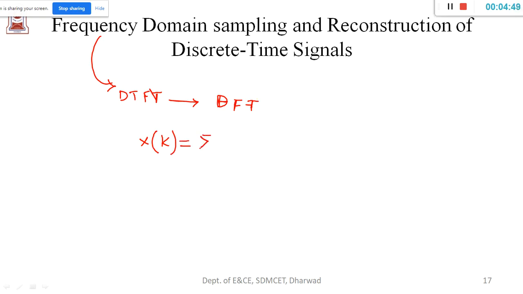This is given by X of k equals the summation, n runs from 0 to N minus 1, of x of n times e to the power of minus j 2 pi by N kn. This is the very important formula for the discrete Fourier transform, or DFT equation.